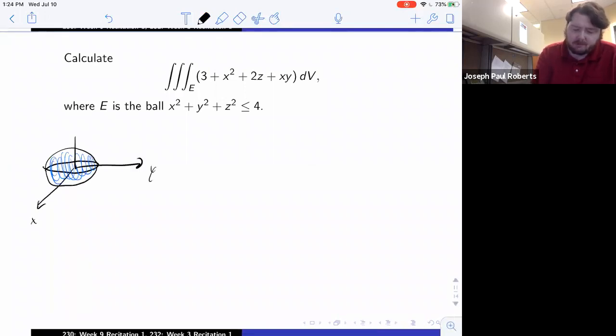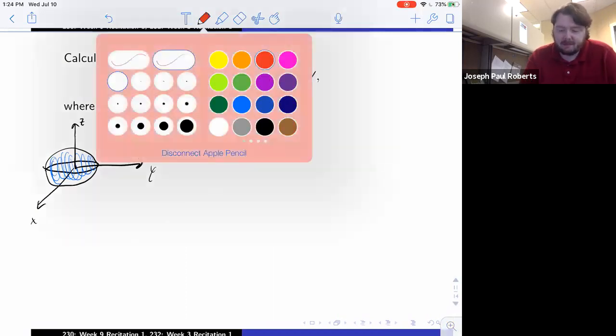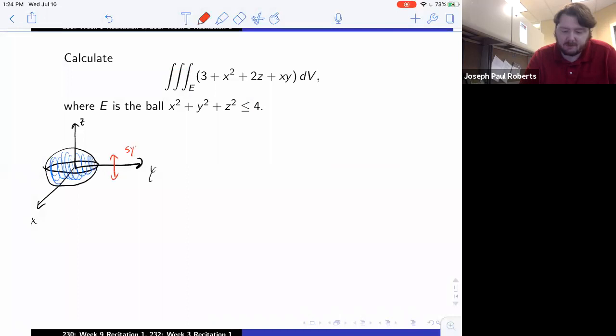And so we have x, y, z. As soon as I see this, my ball is symmetric over the xy plane. So I'm on the lookout for odd z terms.